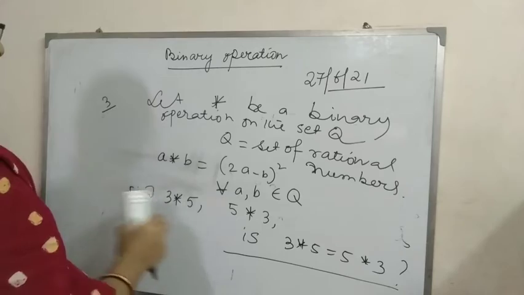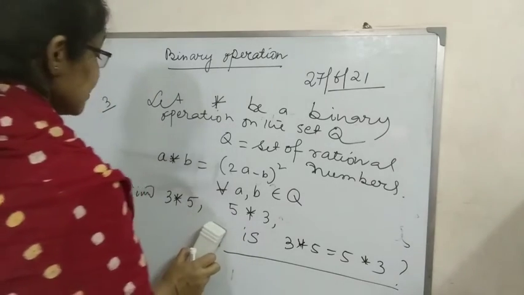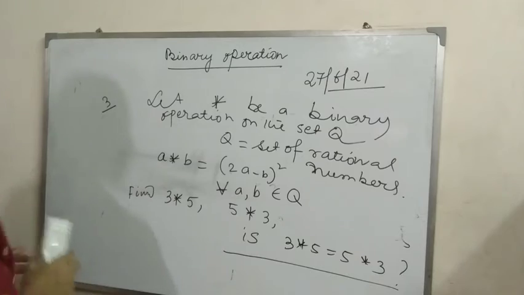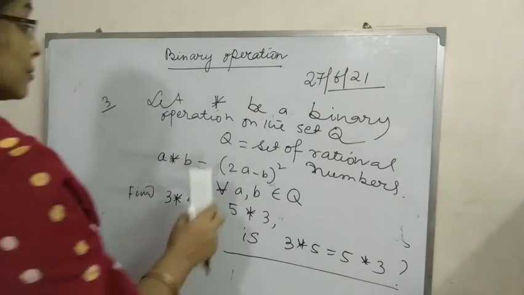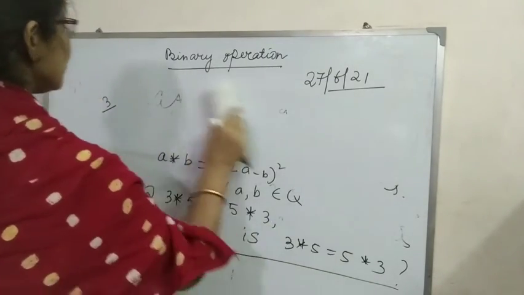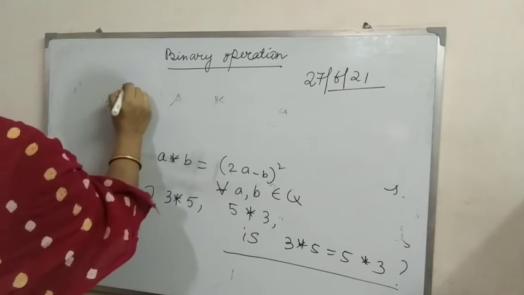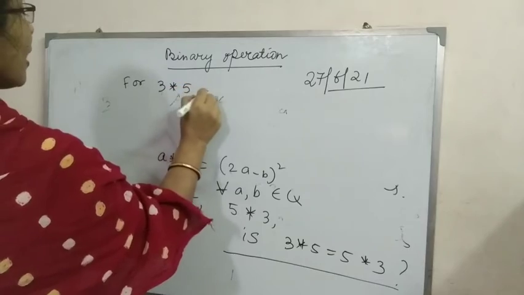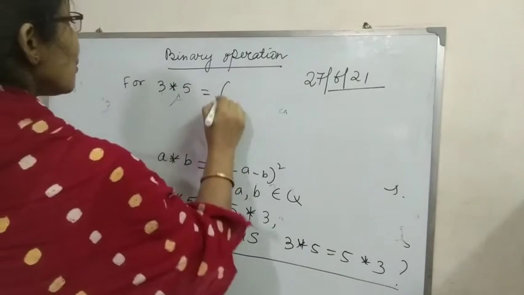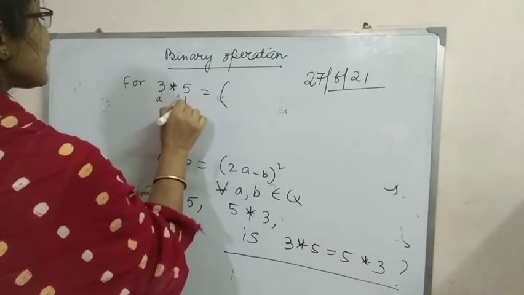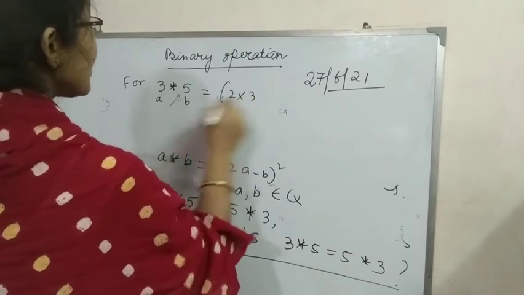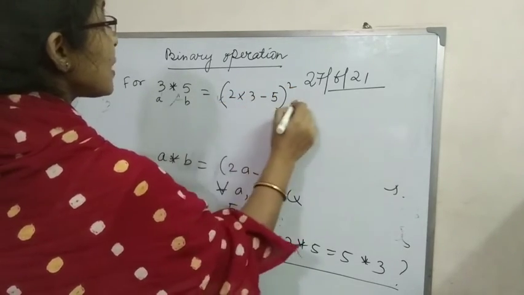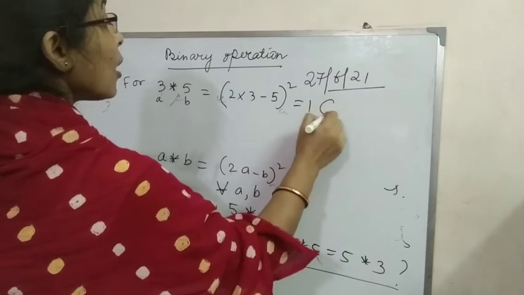So, solution is: for 3 operation 5, I can write this is A and this is B. So 2 into 3 minus 5, this is whole square. 6 minus 5 equal to 1. 1 belongs to Q.